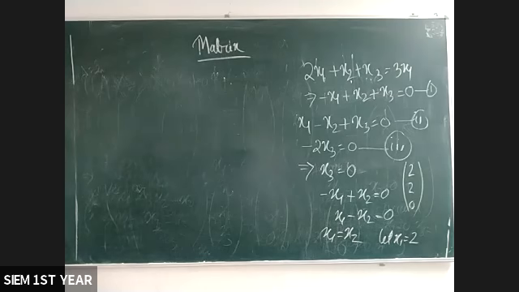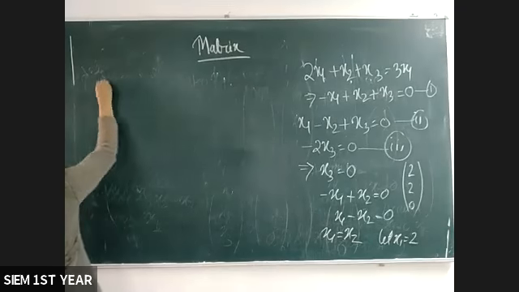This is a small concept, that's why I am considering diagonalization of matrix. Okay? Diagonalization of matrix. So to diagonalize one matrix, first you need to know what is a similar matrix.